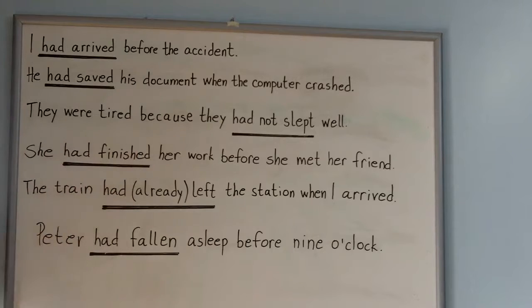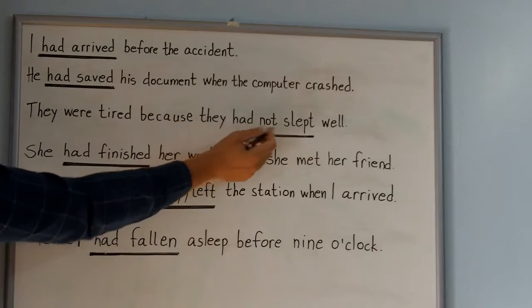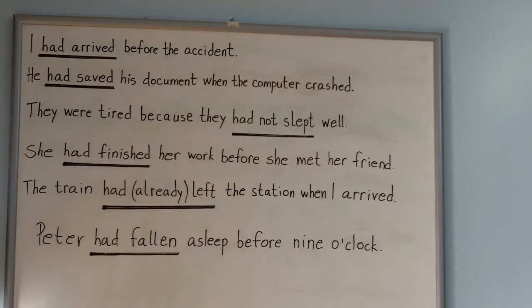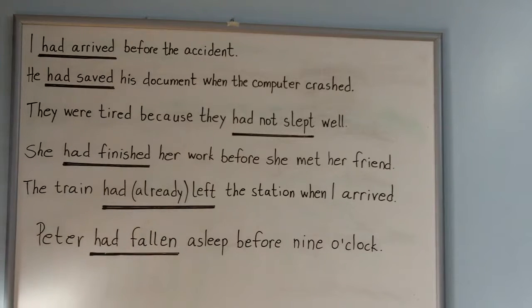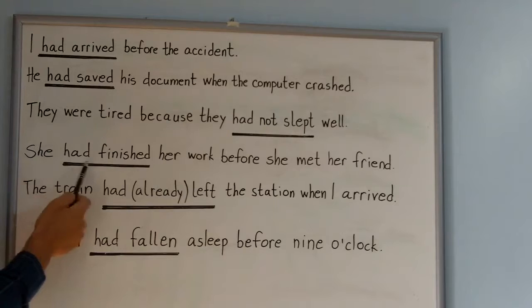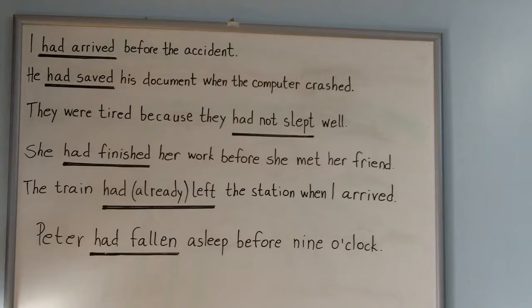They were tired because they had not slept well. They were tired is what happened as a result of the action. They had not slept well. Had not slept is the negative form of the verb. She had finished her work before she met her friend.